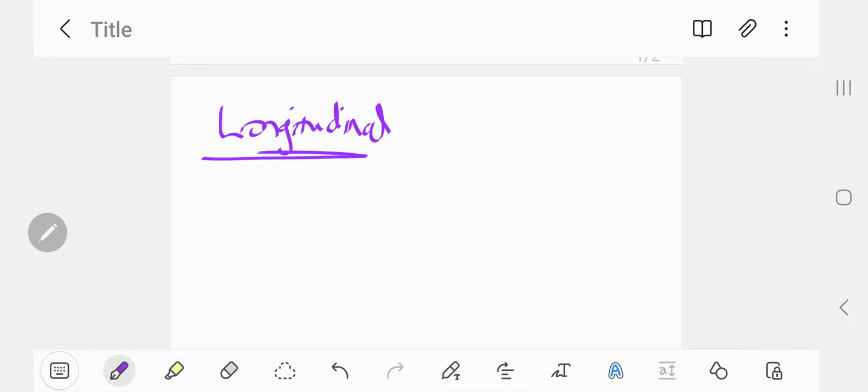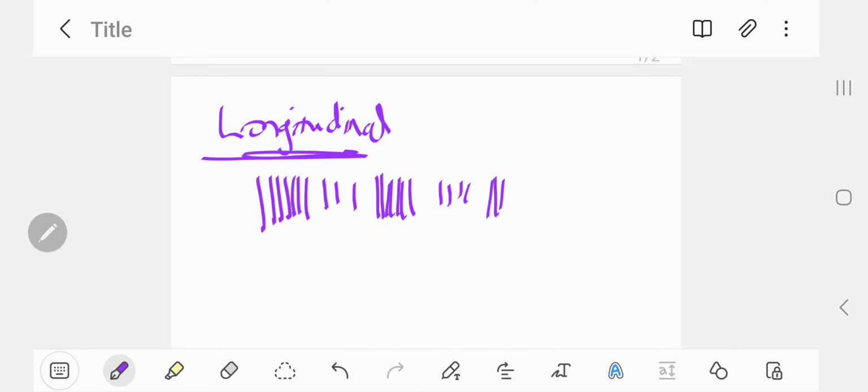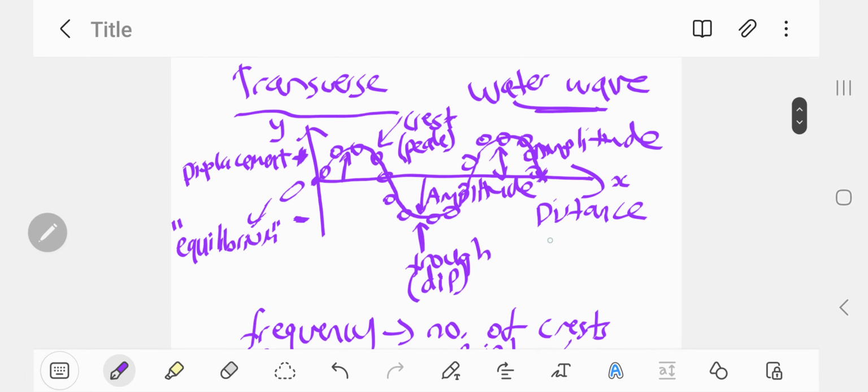A longitudinal wave, the best example is that of sound. A sound wave looks something like this. The particles in a longitudinal wave move parallel to the wave's direction of motion. I'm assuming the wave to be moving to the right.